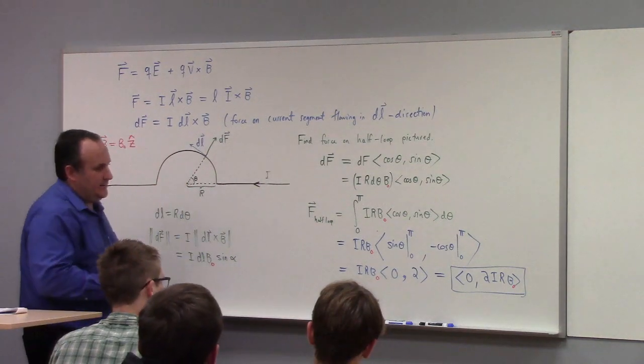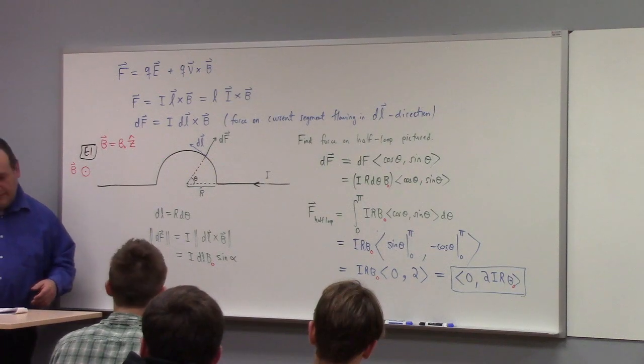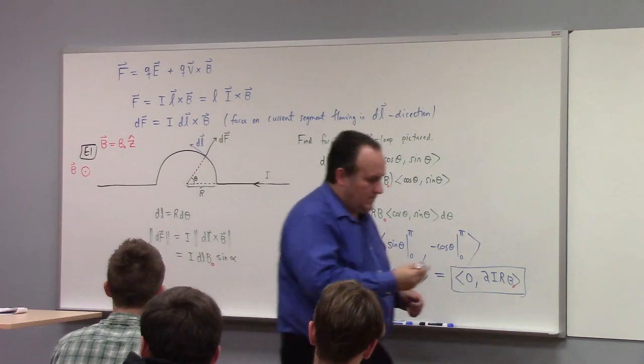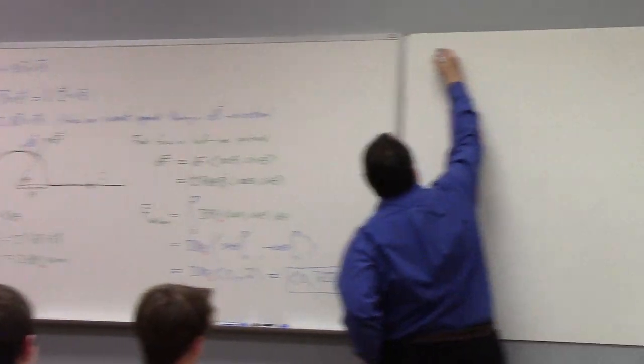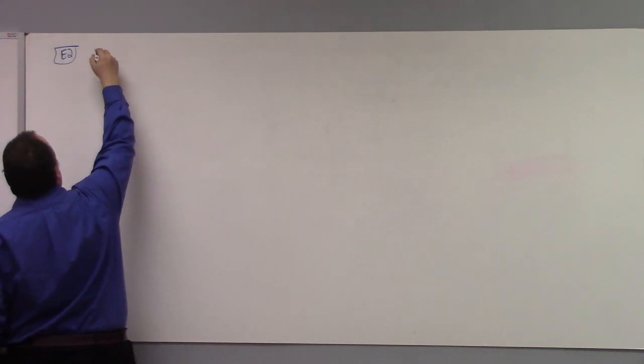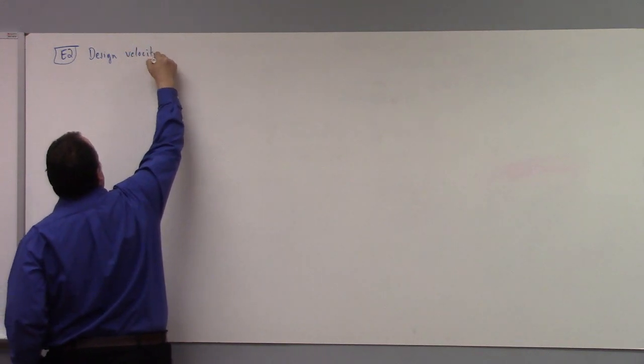But anyway, let's see here. Next example, and this is a nice kind of test question, which is that you can design a velocity selector.